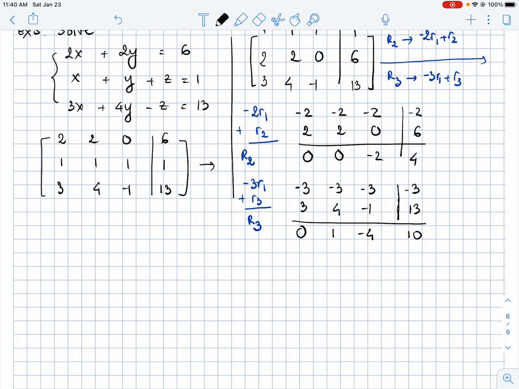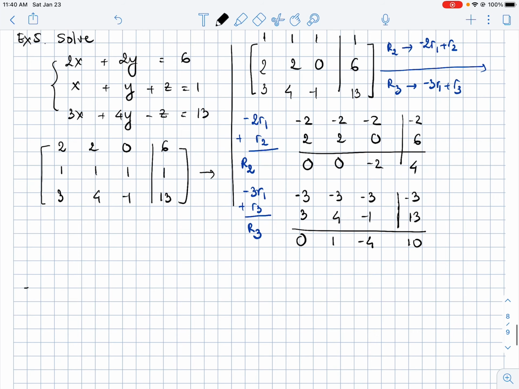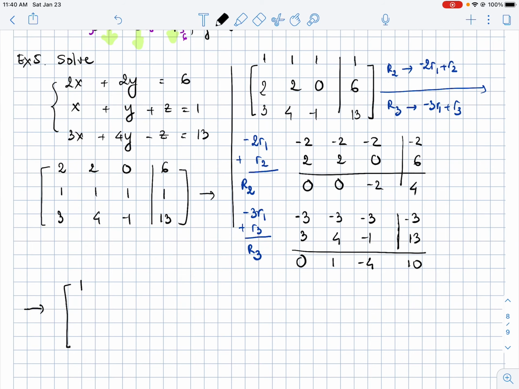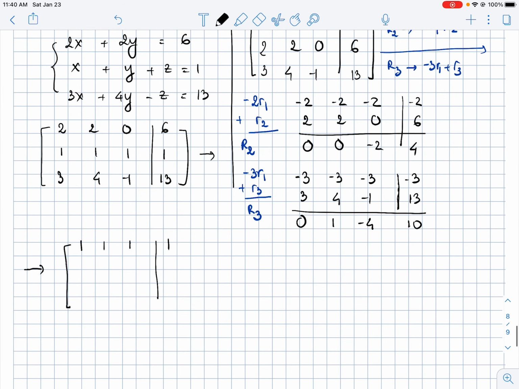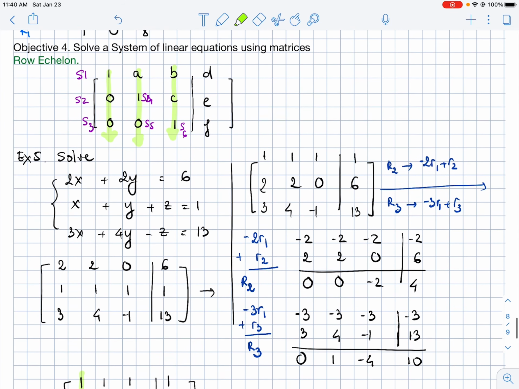The one we can call the leading one. So the one we keep is the first row, 1, 1, 1, 1. Then we put the row 2 and row 3 that we just calculated, 0, 0, negative 2, 4 and 0, 1, negative 4, 10. Right here, looking at the first column, we already made it in the echelon form, 1, 0, 0.